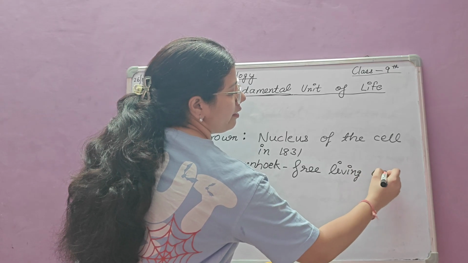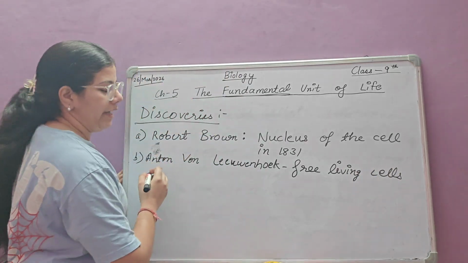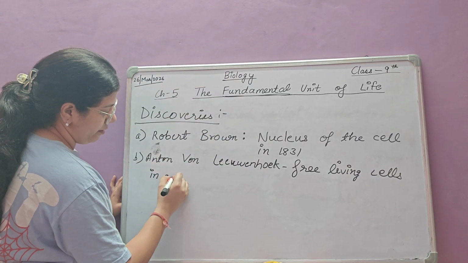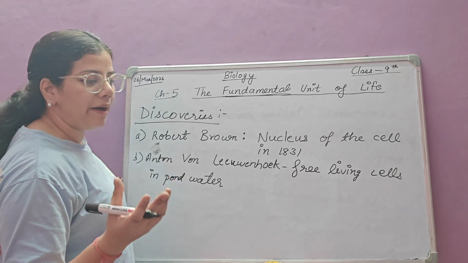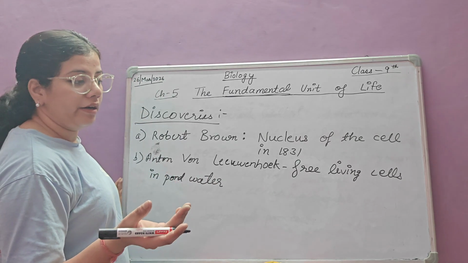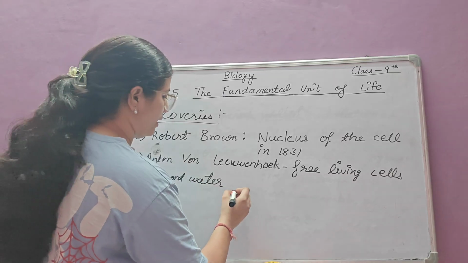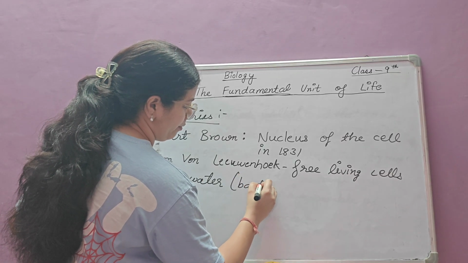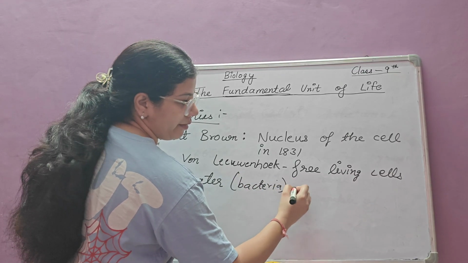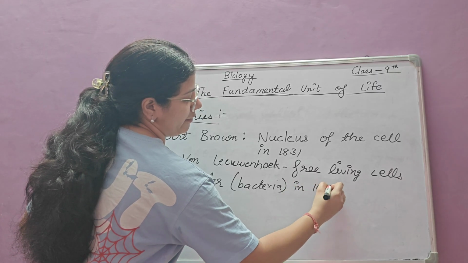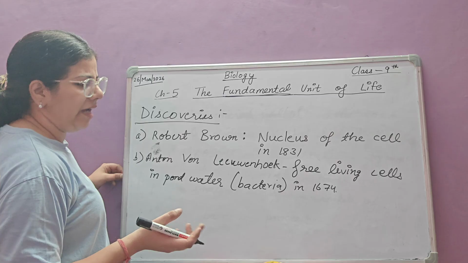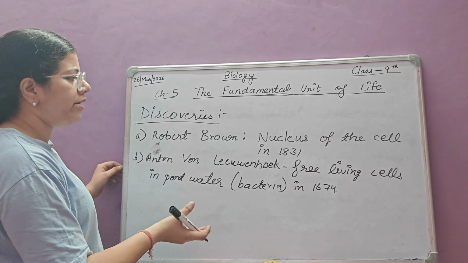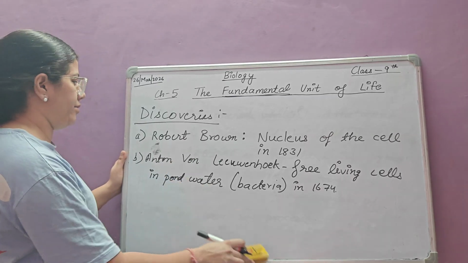Free living cells in pond water. तालाब के पानी में इन्होंने find out किया था living cells, that is bacteria, in 1670. Okay. These are most important. Others we will discuss in higher classes.